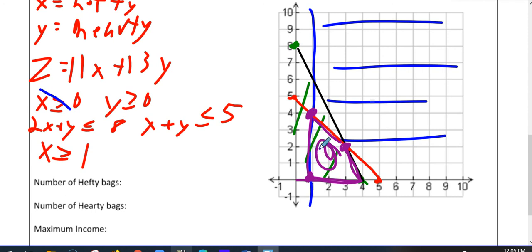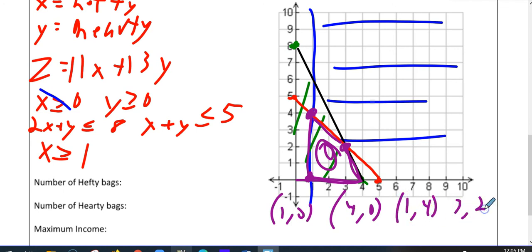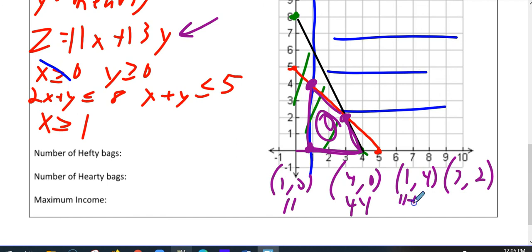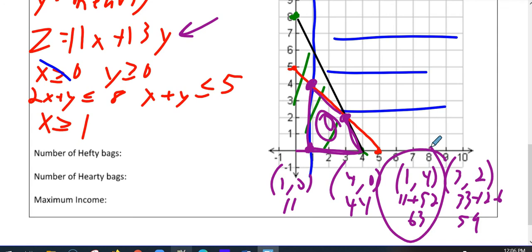So our points are 1, 0, 4, 0, 1, 4. Run those through. 11, 4, 3, 3, there. 1 bag of hefty and 4 bags.